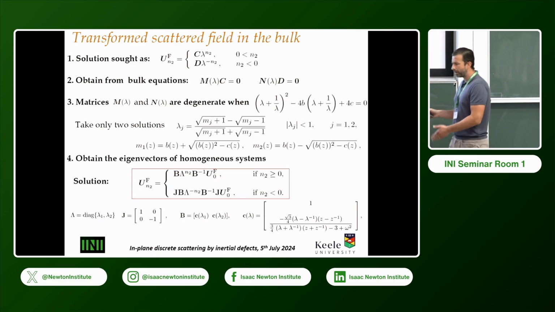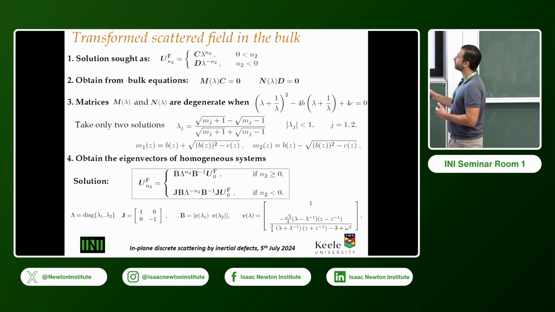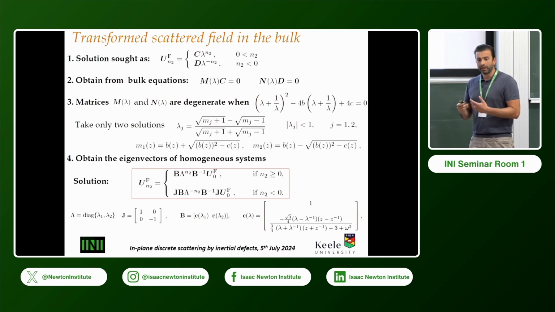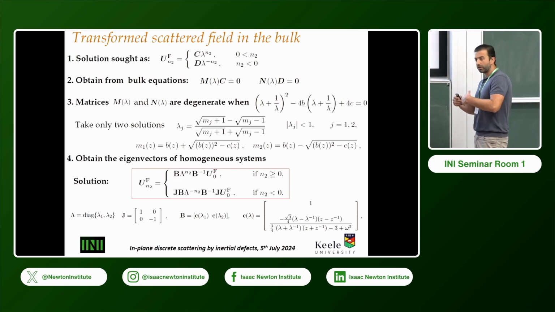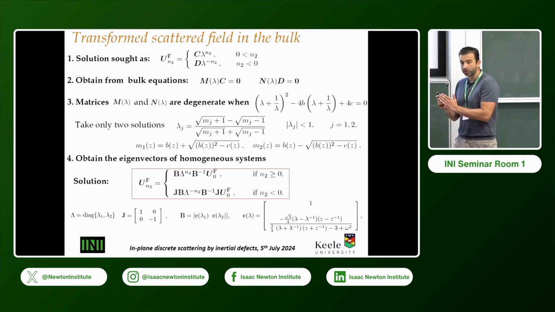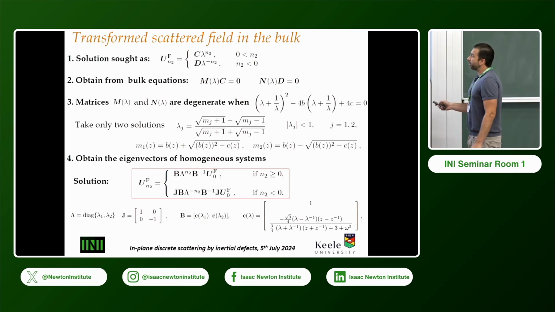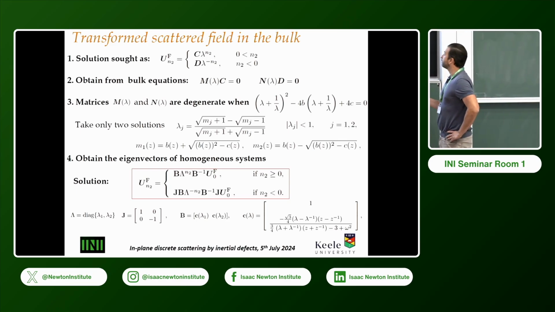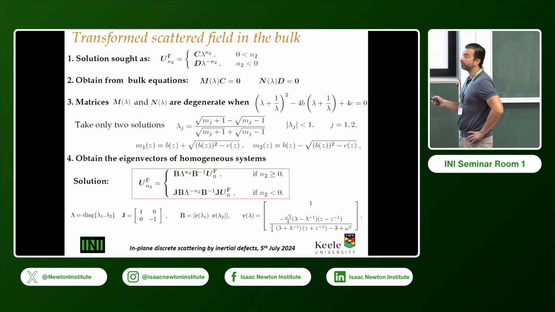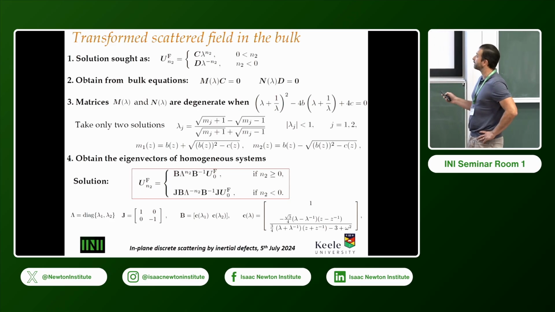Now, what I wanted to mention, I forgot, we want to have a solution that doesn't grow at infinity in our lattice. So we look at the case where the modulus of lambda is less than 1. And you can build this lambda, you have two of them, as a solution of this biquadratic that satisfies this condition.